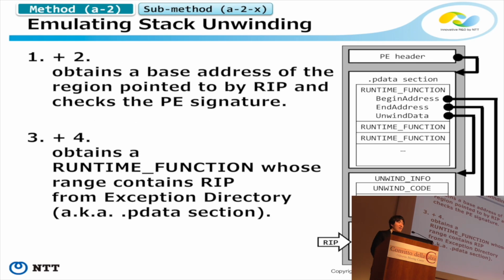So first, our sub-method obtains the base address of the region pointed to by RIP and checks the PE headers. Then the sub-method obtains a runtime function structure whose range contains RIP from the exception directory, also known as the .pdata section.